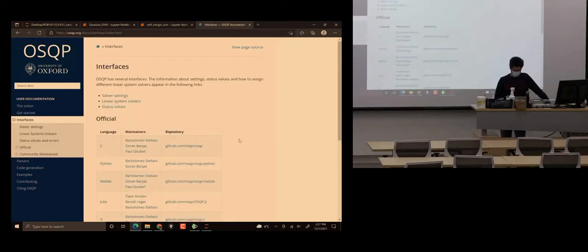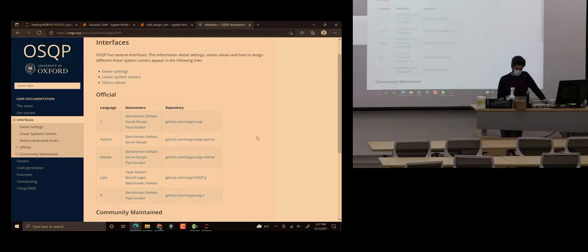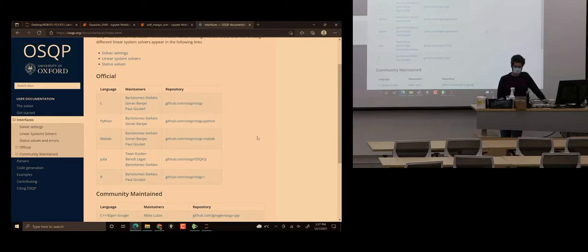Okay, so the nice thing about this solver is that now we use Julia, and Julia is catching on. It's a good language for scientific computing, but the dominant language for machine learning, for example, is still Python. Or some people use MATLAB when you do control.